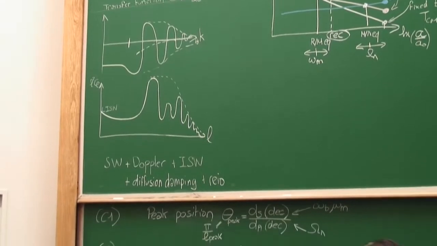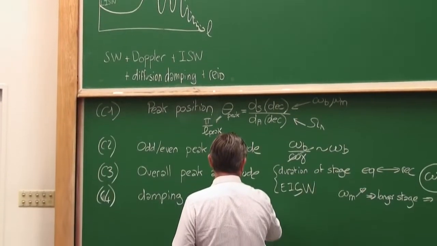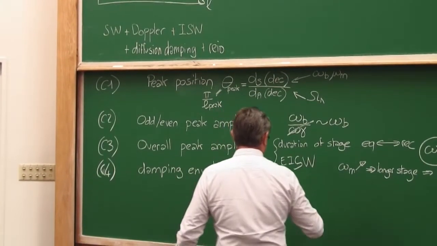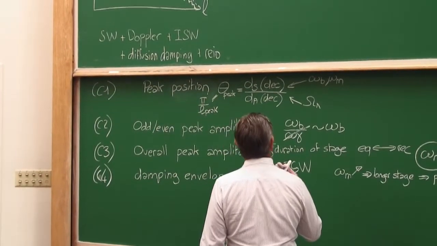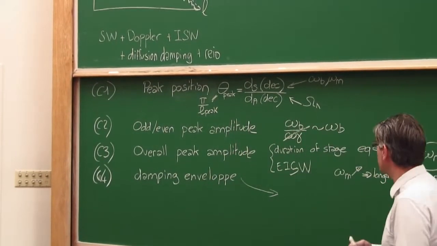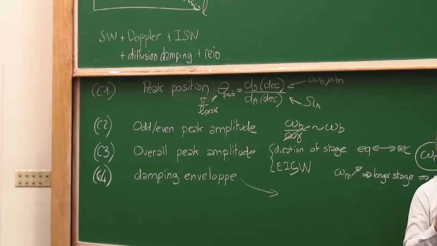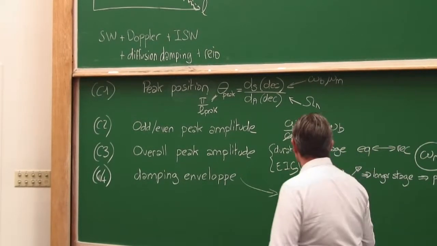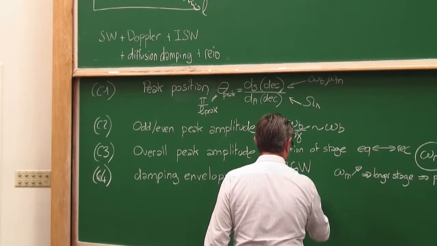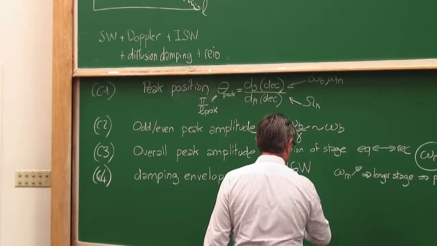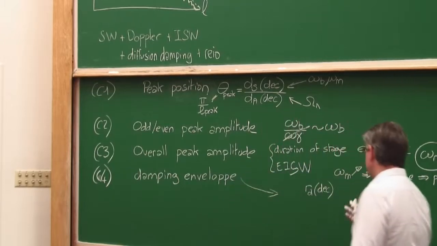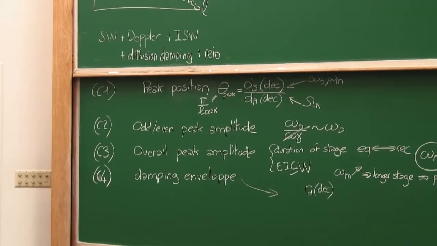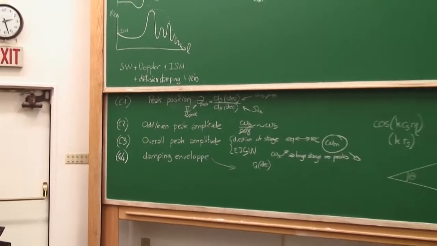So it's a bit like the peak position. Again, we are speaking of a position here. The quantity which is important now is the diffusion scale at recombination or decoupling. It's a quantity that we called RD, computed at decoupling.